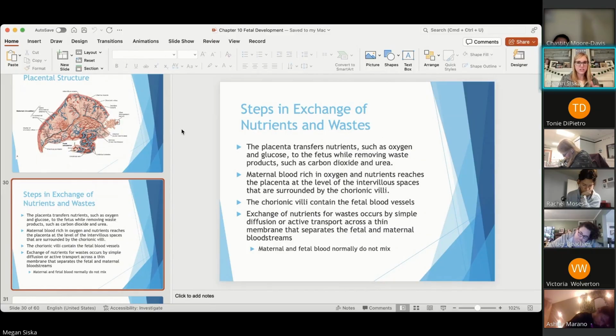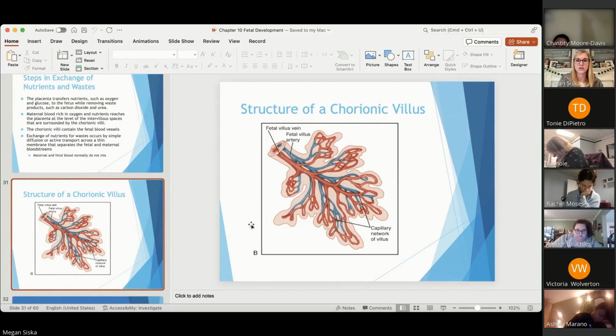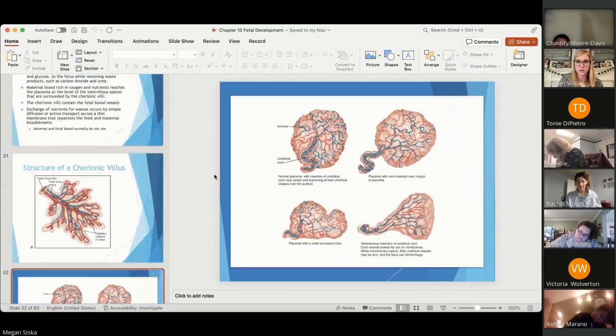In that intervillous space, we have those chorionic villi with the fetal blood vessels. That exchange of nutrients and waste occurs by either simple diffusion or active transport across a thin membrane that separates mom's bloodstream from baby's bloodstream. So right here, they do not normally mix. This is just another up close of the chorionic villi, and it shows you our fetal vessels here. There's a whole bunch of those.